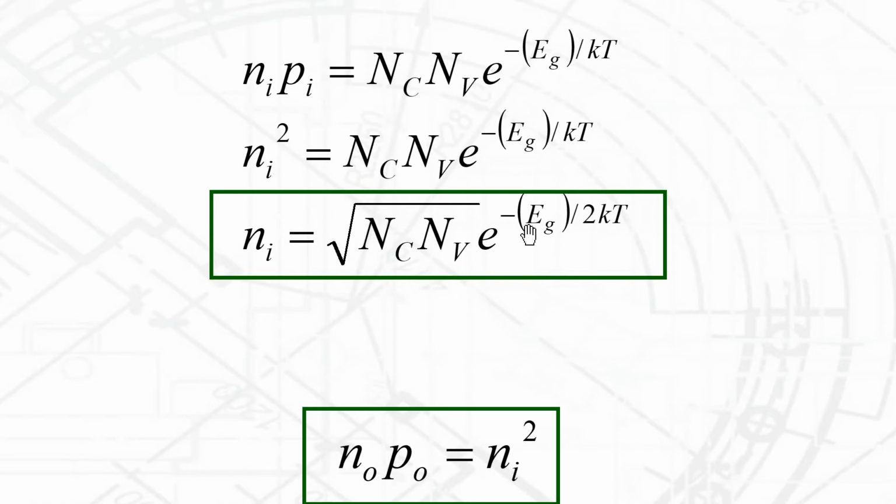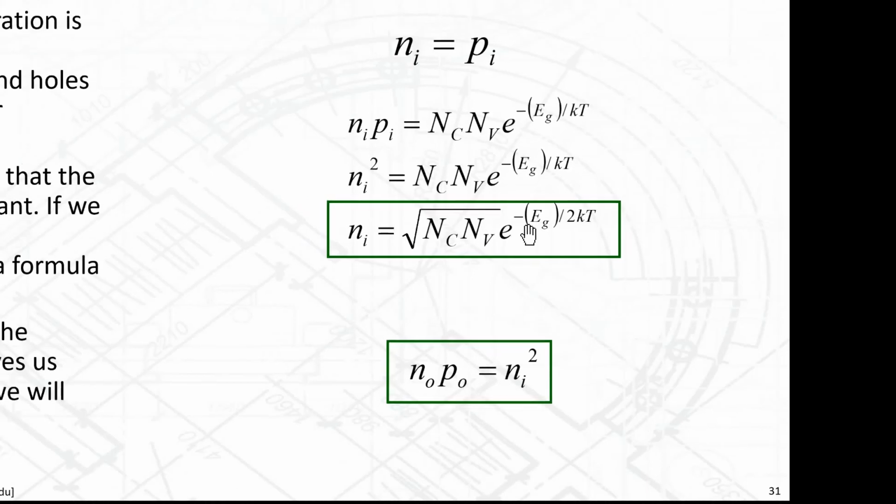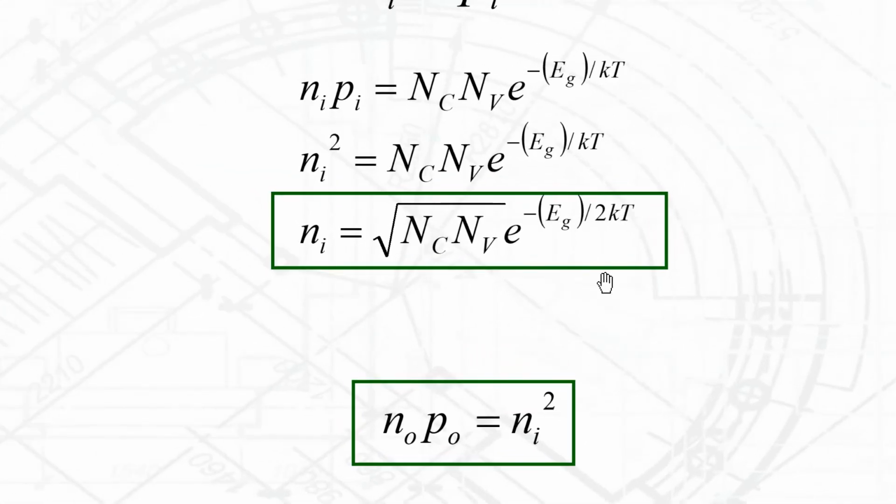As you increase the band gap, what happens to the intrinsic concentration? It decreases, right? The farther you are away from the Fermi level, the less chance there is of finding an electron or a hole. And then you have a temperature function too, which we'll talk about in the following slides.